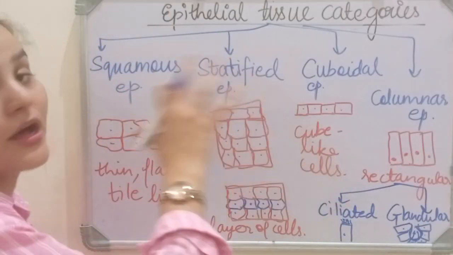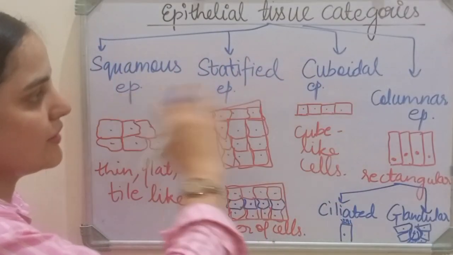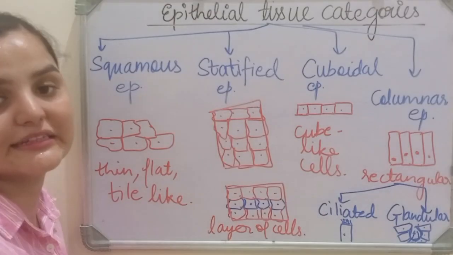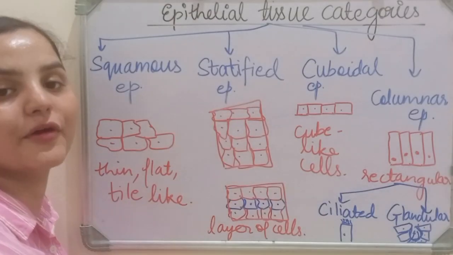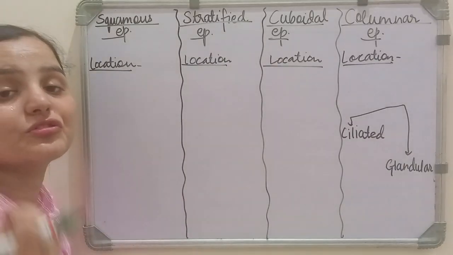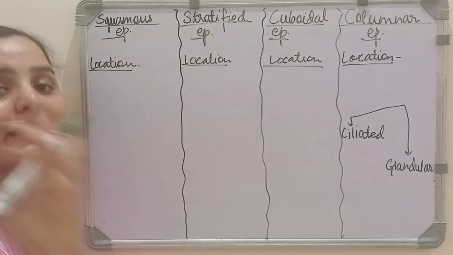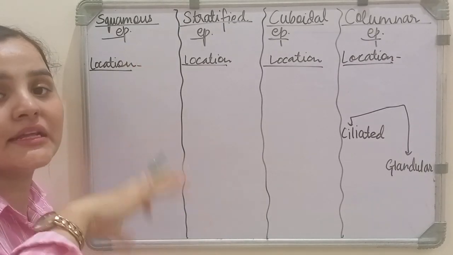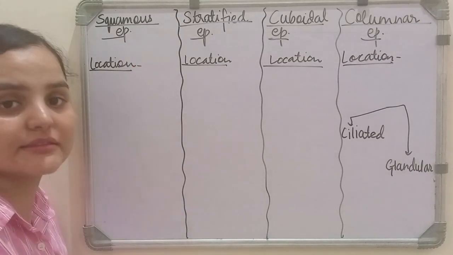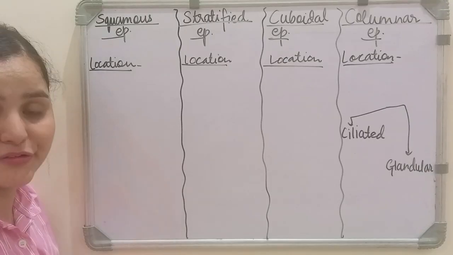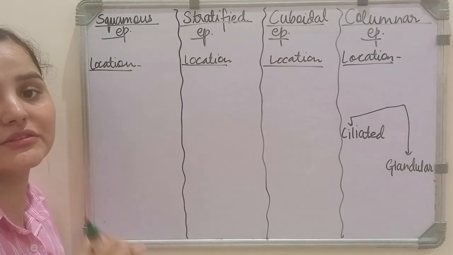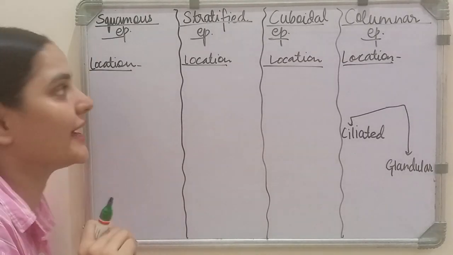Now let's see the location of all these categories of epithelial tissue and their role in our body. Squamous epithelium is found lining the outer surface of the skin, blood vessels, lymph vessels, nasal cavity. So let's write.